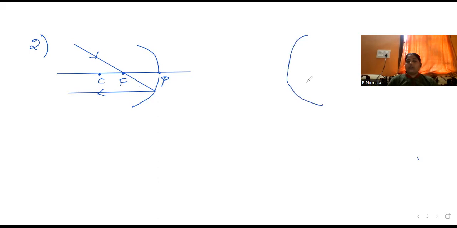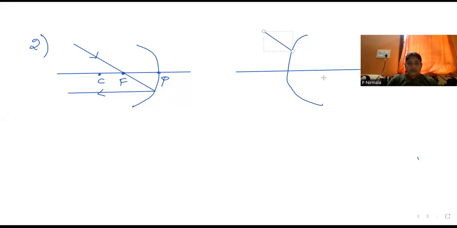Next, come to the concave. For concave also we have a principal axis, and the ray is not incident directly to the mirror. It passes through the focus point.